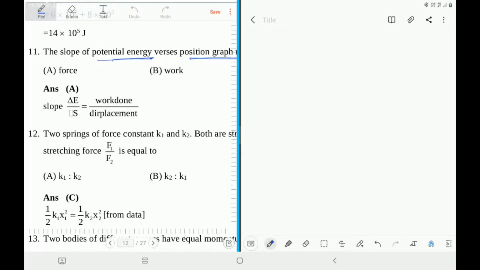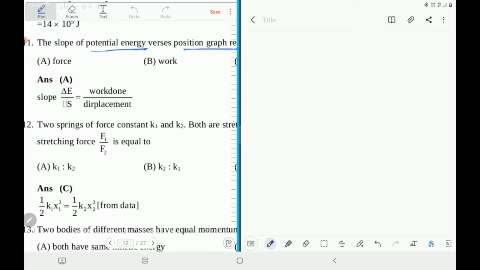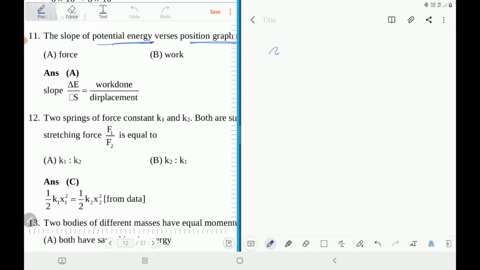Now 11th, the slope of potential energy versus position represents what? Students, according to our work energy theorem, work is nothing but energy, either potential energy or kinetic energy. Change in potential energy, kinetic energy.